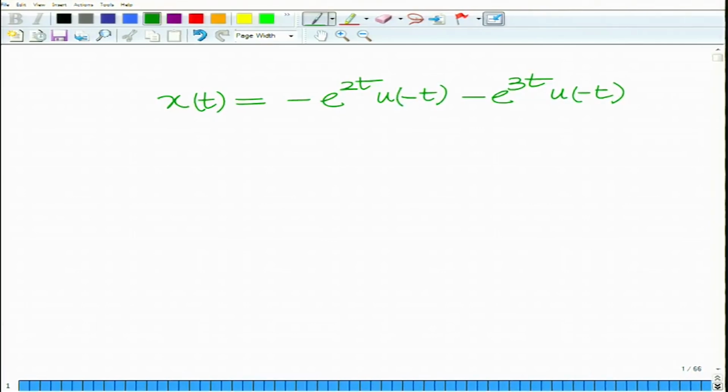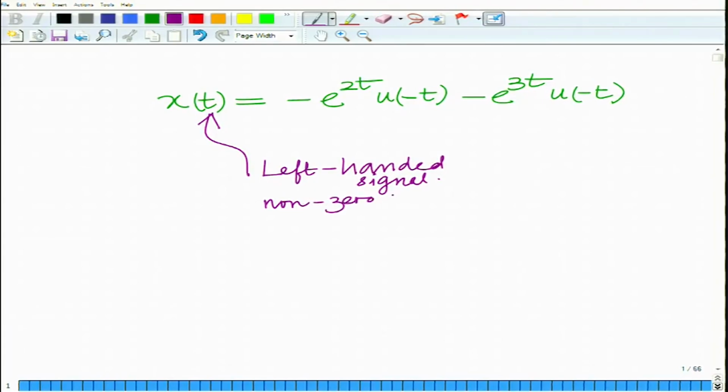Now, you can see that this signal is a left handed signal, and this is non-zero only for t less than or equal to 0.